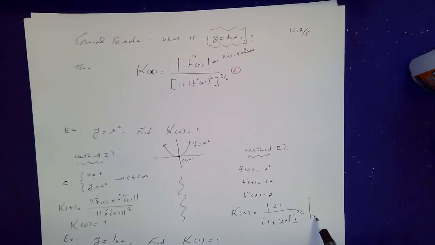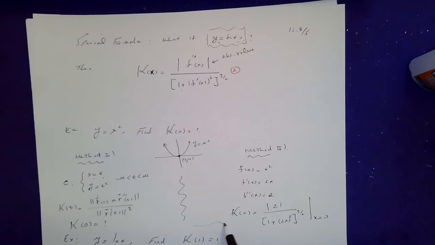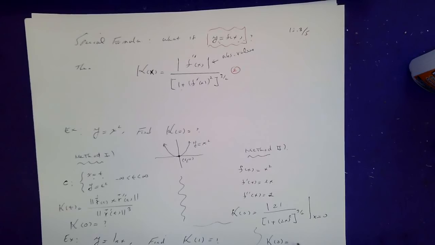Remember, we're trying to evaluate this at 0. So the curvature of the parabola at 0 is 2 over, this guy goes to 0, so you'll have 1 at the bottom, so it's 2.